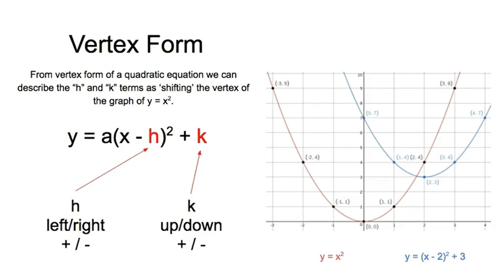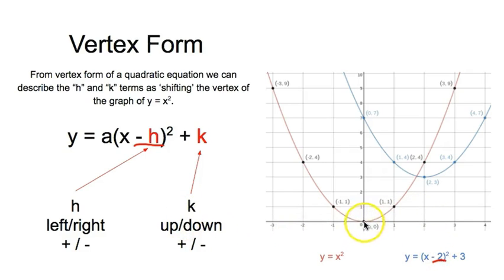The value of h shifts the graph either to the left or to the right. In this case, we can see I have a minus 2, and when I look at what I've written here for this example, when I have minus some h value written inside the parentheses, that minus sign tells us that it's a shift of the vertex to the right that many places.